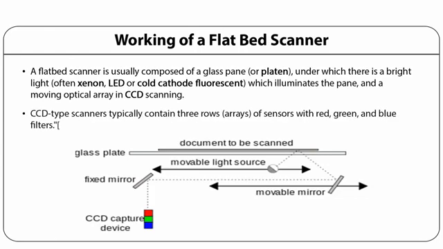Due to this movable light source, the image is reflected in the movable mirror. Then it is reflected to the fixed mirror. From that, the image is captured in the CCD capture device. This is how the flatbed scanner works.